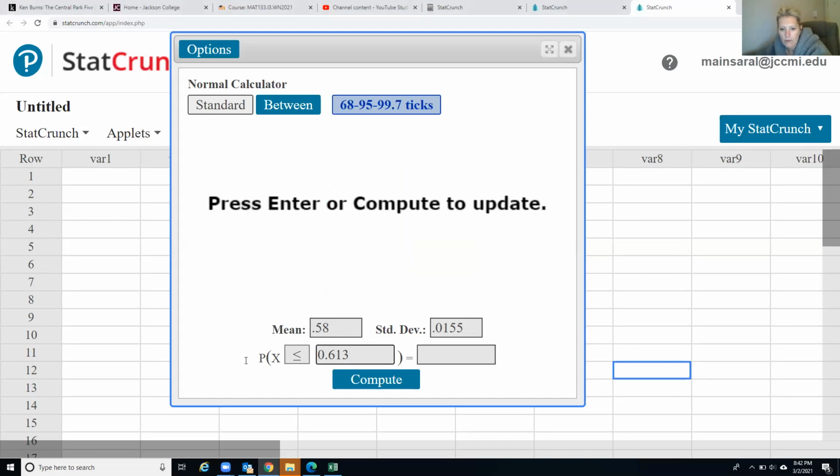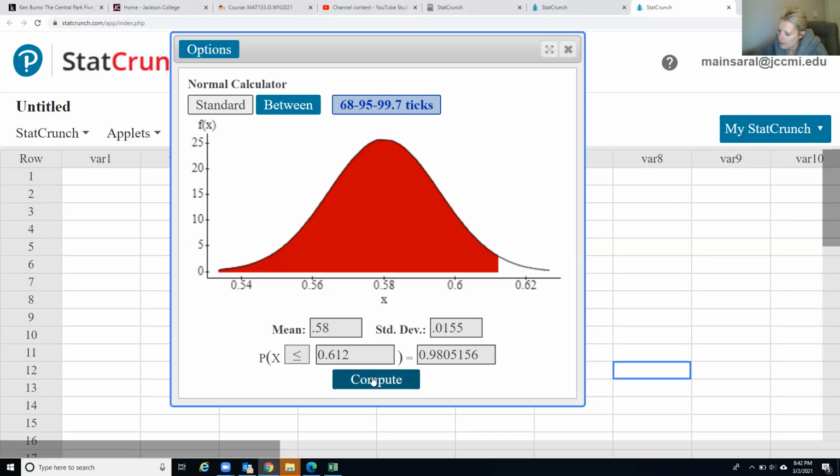Six one two. And it's 0.9805. So about 98% of the samples should have that. Wow. Would it be more than? Did I do a more than? Let's go back and look at that, because I don't think I did.